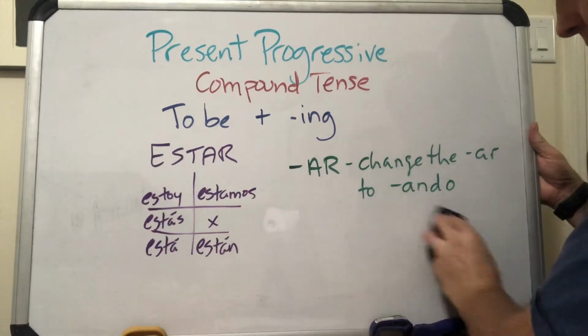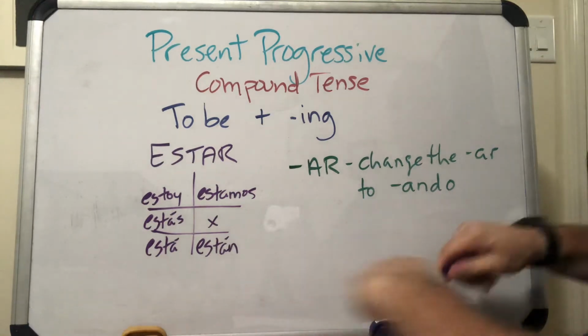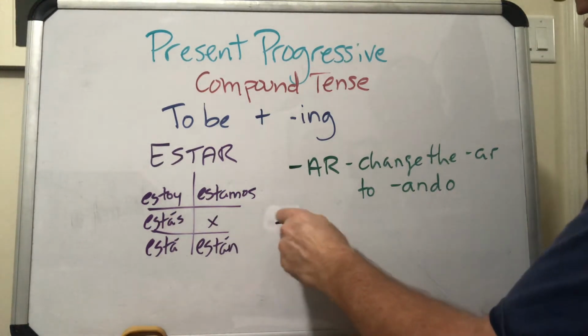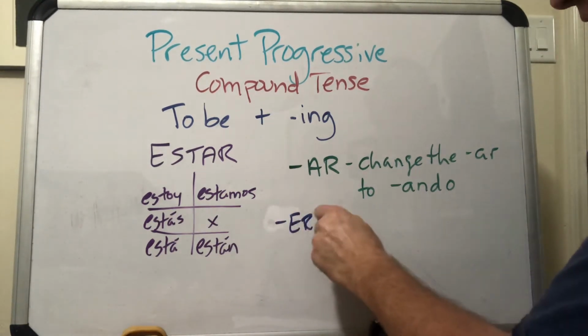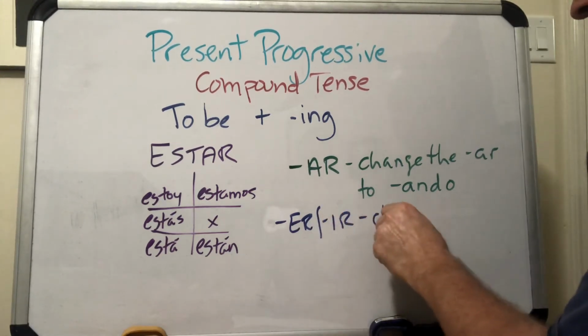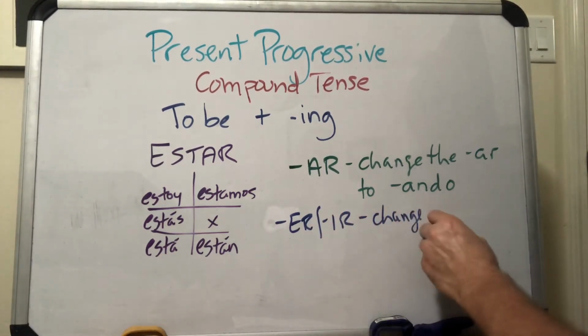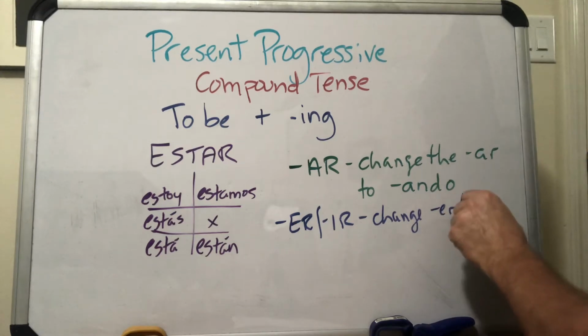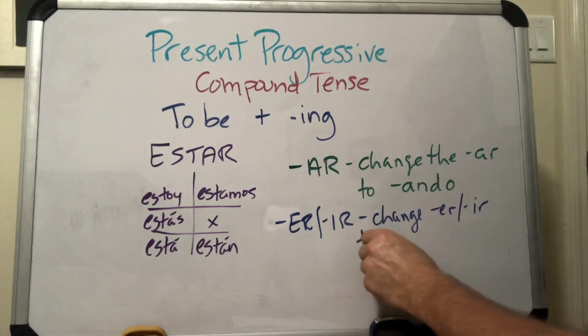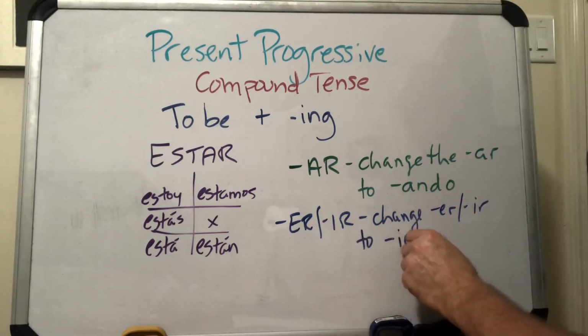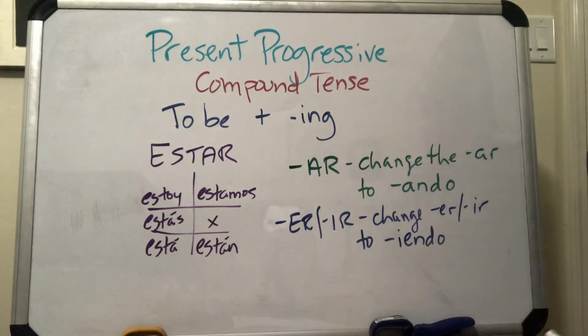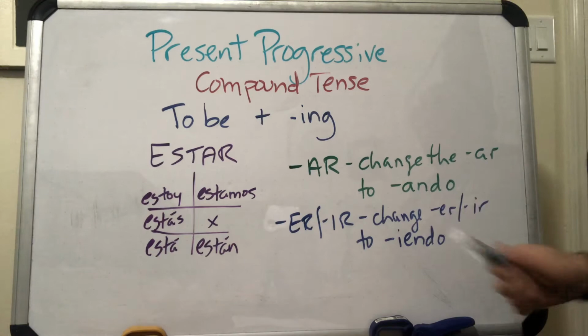Now, let's talk about ER and IR. So if we have an ER and IR, change ER or IR to iendo. Okay? So easy enough, ando and iendo.